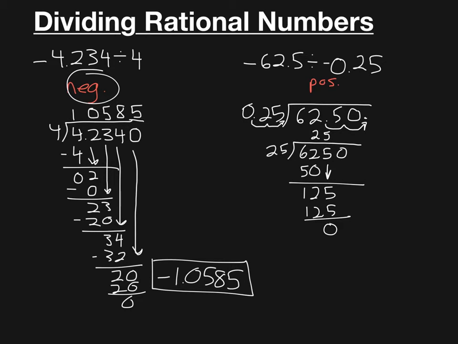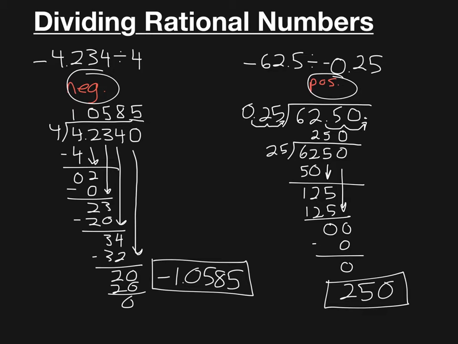That's 0. Bring that 0 down. 25 goes into 0 0 times. 0 times 25 is 0. We subtract, we get 0. So we're done. The answer to this problem is positive, because we knew it was going to be positive, positive 250.